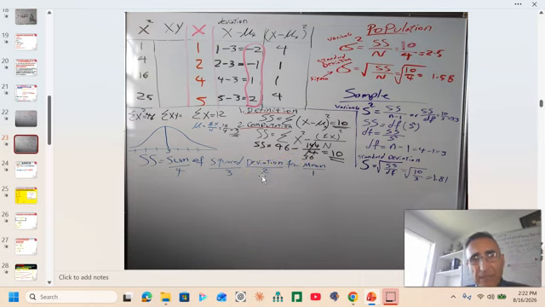Next is deviation, the distance of each score from the mean. So the first score is 1, and the mean is 3. So 1 minus 3, that's the second column to the right, where it says X minus mu, the mean of X. So that's deviation. That would be -2. The second would be 2 minus 3, -1, 4 minus 3, 5 minus 3. And those are your numbers.